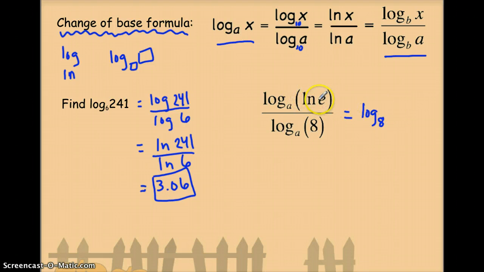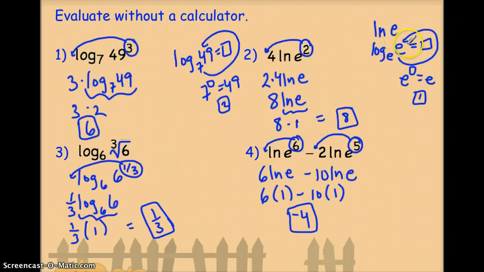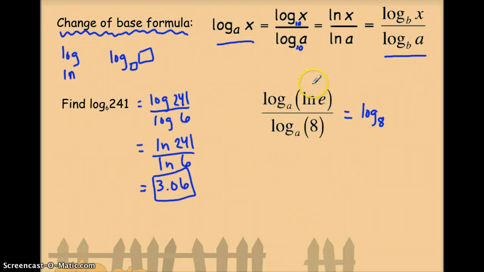What is natural log of E? Go back a few pages. Natural log of E was 1. Remember that? So this is really a 1. So it's really like I have log base A of 1 over log base A of 8. So the 8 is the base here, and the 1 would go here.